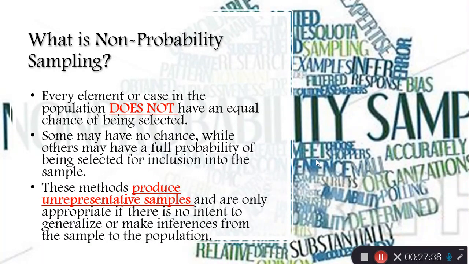So if you ever find yourself in a situation where you're not able to achieve a sampling frame, or perhaps your goal is to not generalize and to only produce information that can be useful in your practice, then going the route of a non-probability sampling method is best.